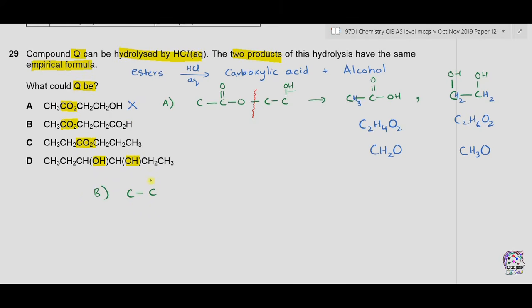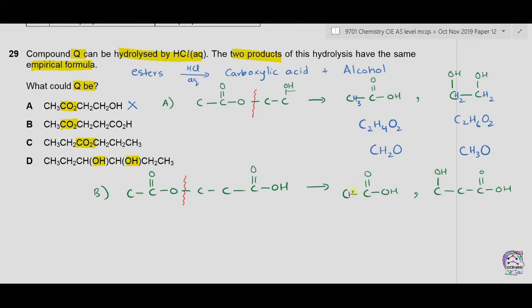We have carbon, then carbon with oxygen, then CH2, then carbon with carboxylic acid. Now this compound will break from this part after hydrolysis, and this side will become alcohol and the first side will become carboxylic acid. Let's draw the products. We have carbon, C double bond O, OH for the first part, and the OH functional group will be attached with the first carbon atom in the second part.